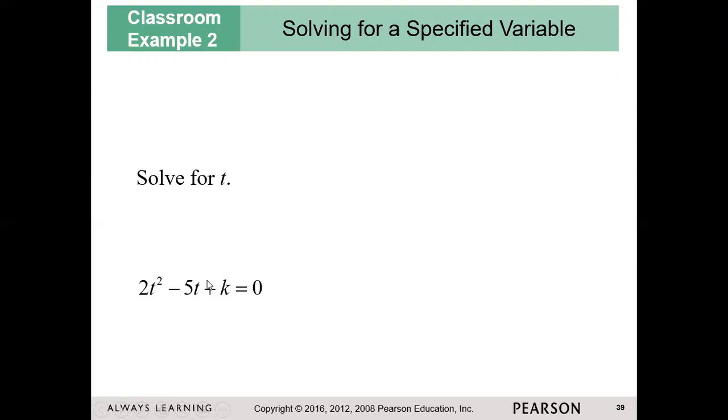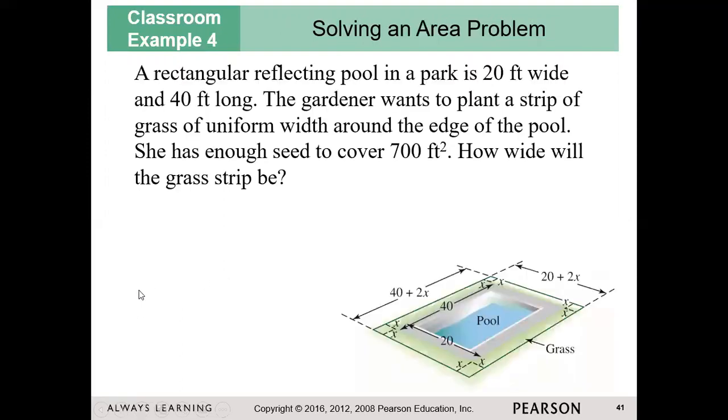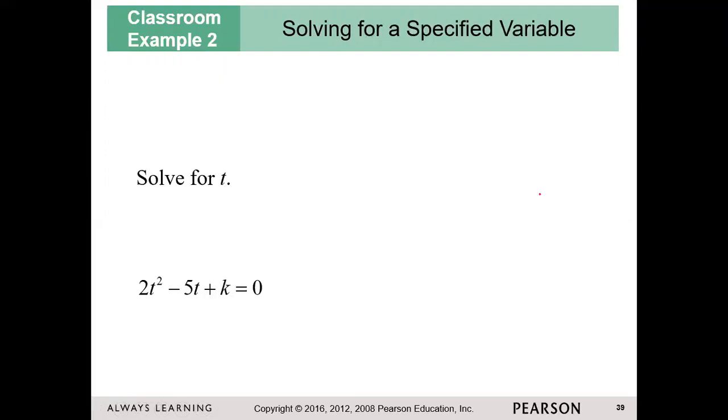So I factored everything to get my solution. And normally in class, I would have students try this one. I would say to you, go ahead and solve this for t. And most students just kind of hit a wall.